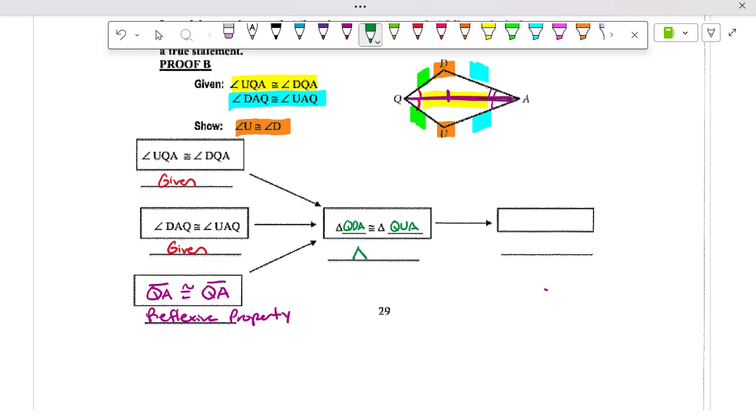Angle, side, angle. Thus, I have enough information to say that this angle is congruent to this angle. So angle U is congruent to angle D. Why? We just proved that the triangles are congruent, so the corresponding parts can be congruent by CPCTC. CPCTC stands for corresponding parts of congruent triangles are congruent.